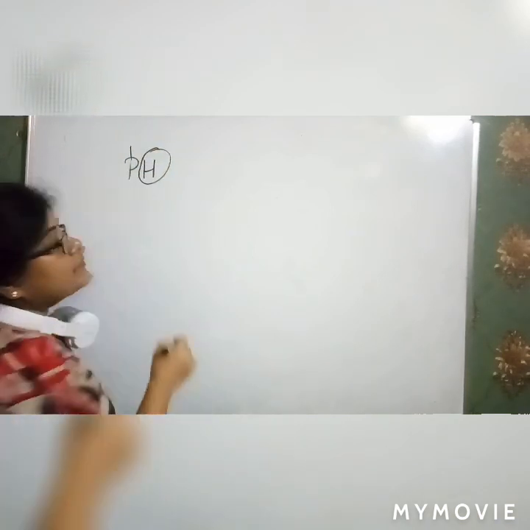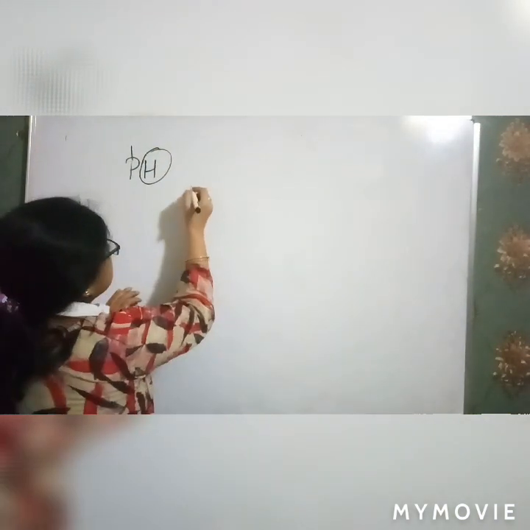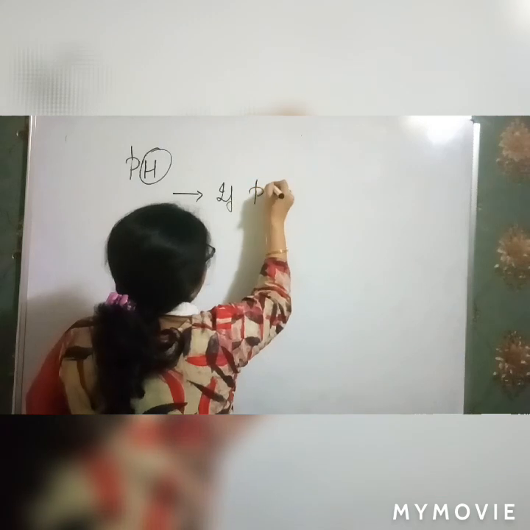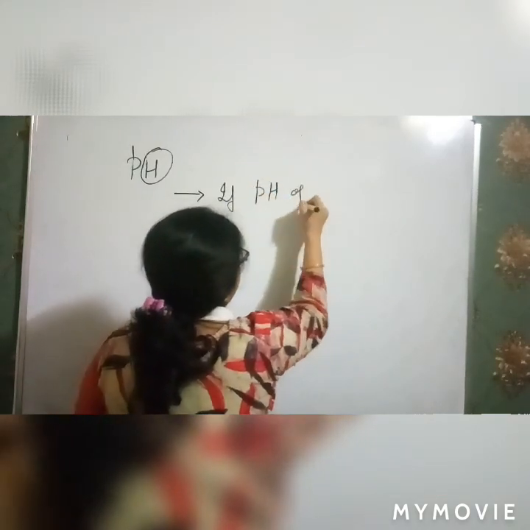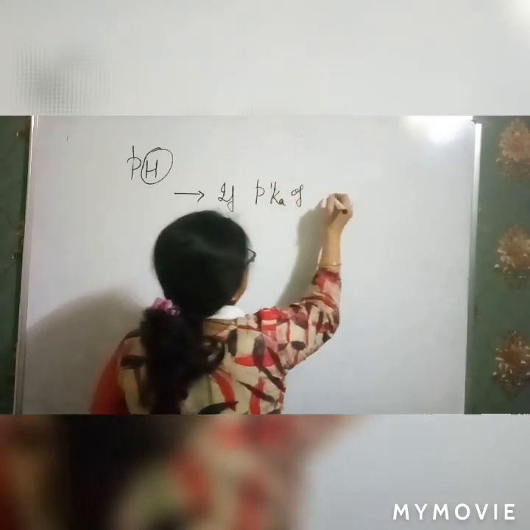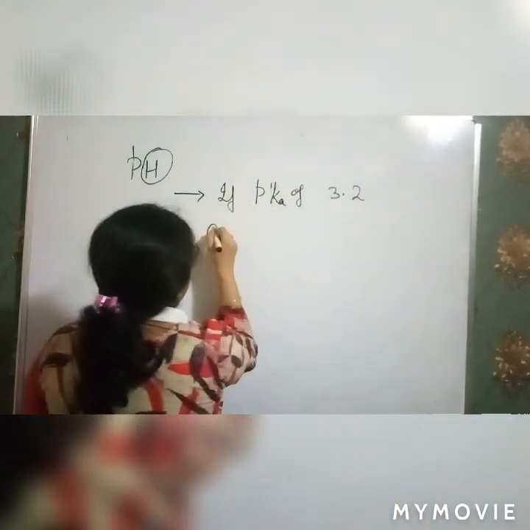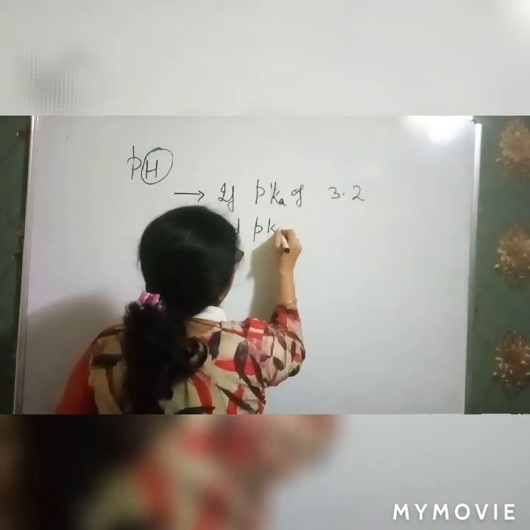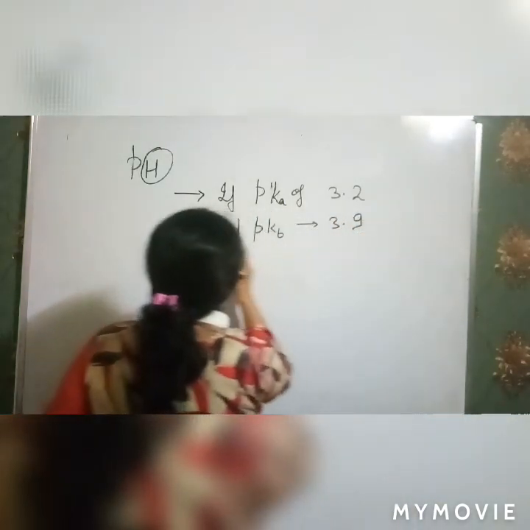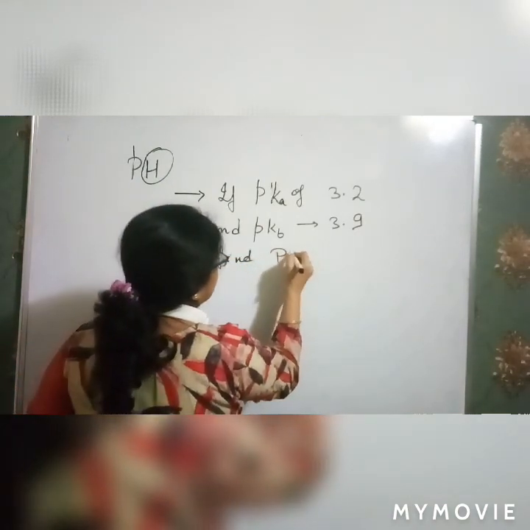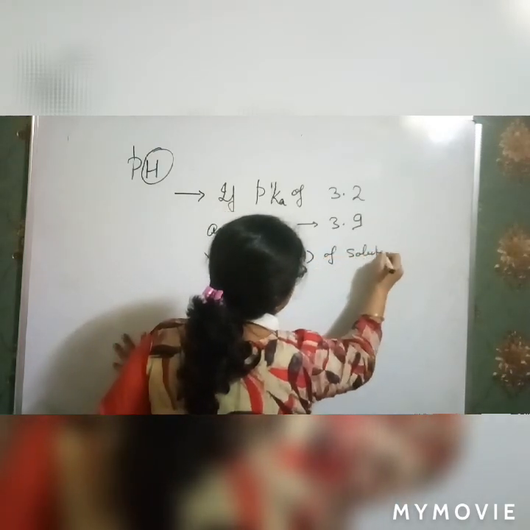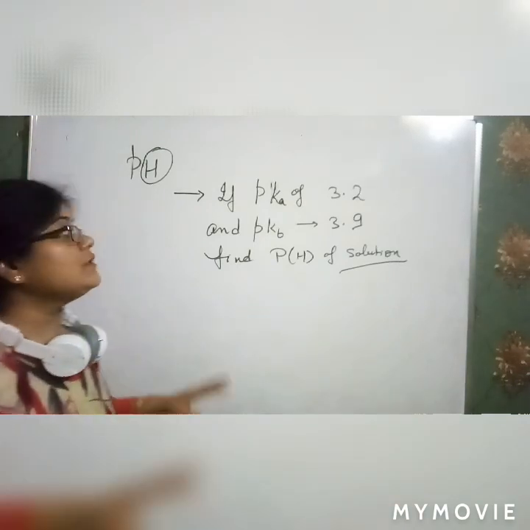In pH value questions, for example, there is a question: if the pH of an acid is 3.2 and the pH of a base is 3.9, find the pH of the solution. That means we have to find the pH of the buffer solution in which acid and base both are there.